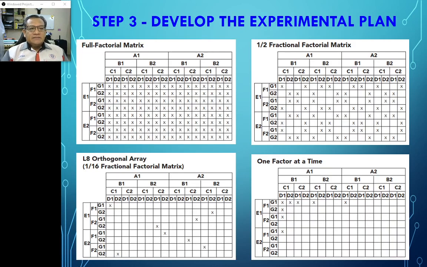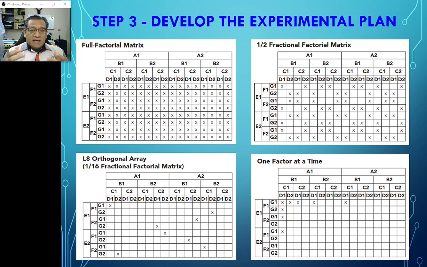Now, in step 3, you have to develop what kind of testing combination you want to make, right? Because design of experiment is involving many types of tests, and each test is unique. You have to set different set point, different parameter, different performance, different noise type for each of the testing conditions.